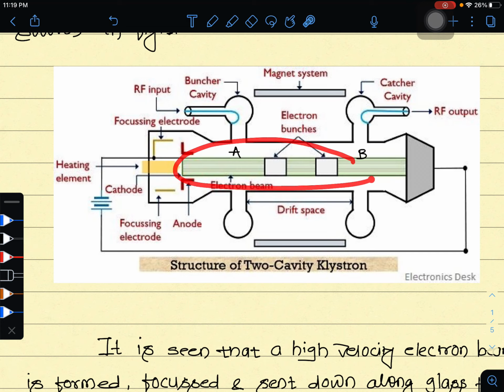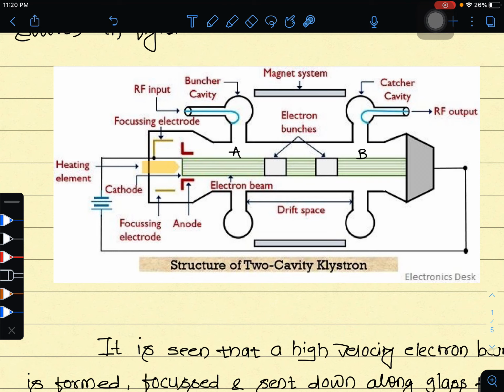Okay, I think it is very hard to understand, so let me explain again the point related to the first grid. When the electrons leave the region of the first grid, they pass through the grid of the buncher cavity.